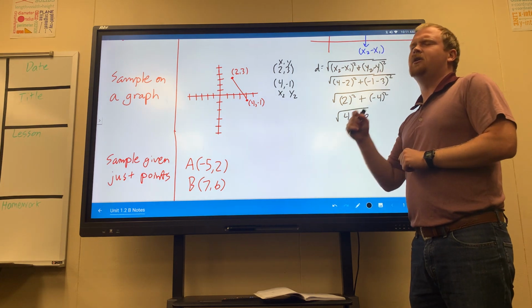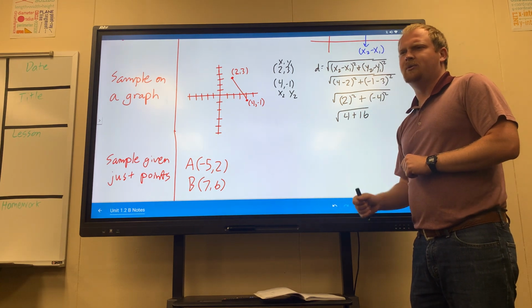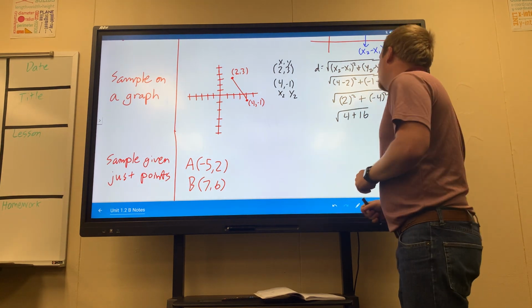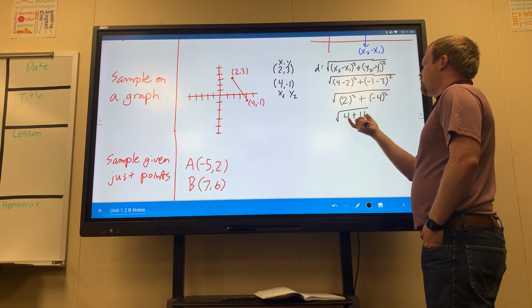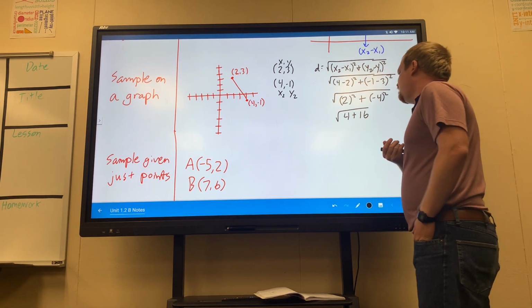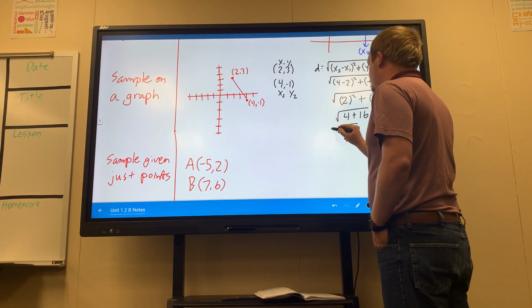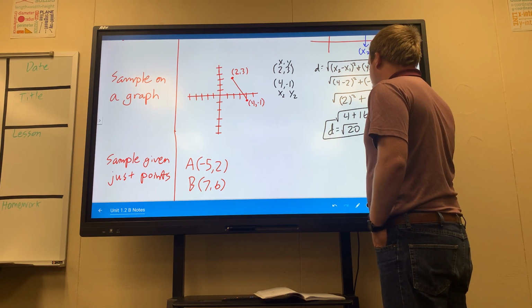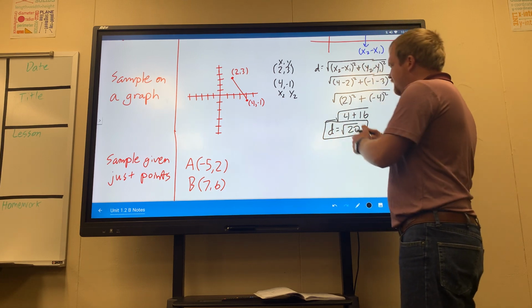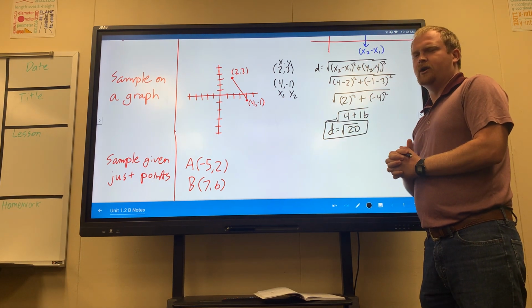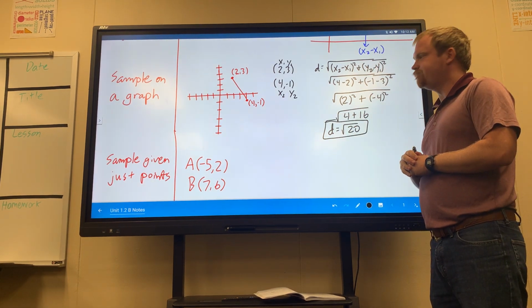So negative 4 times negative 4 gives me a positive 16. Next, 4 plus 16 gives me 20. So the distance is the square root of 20.